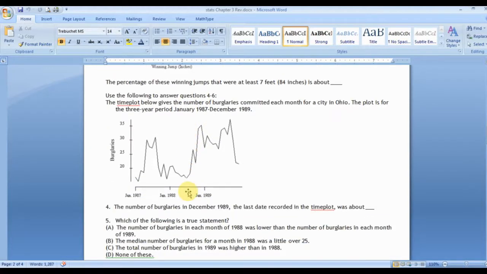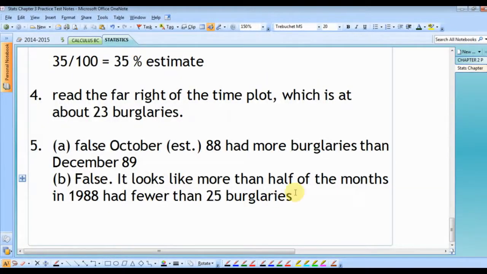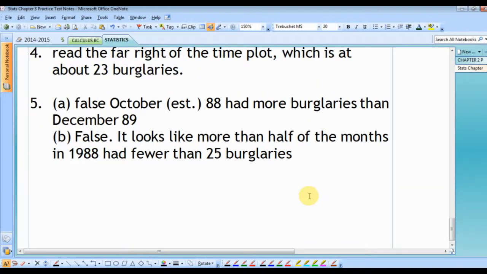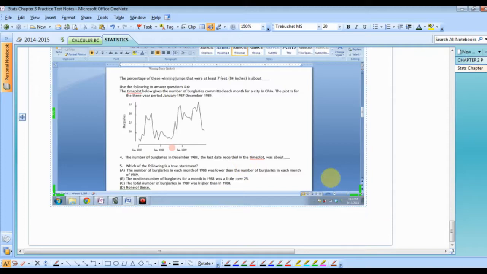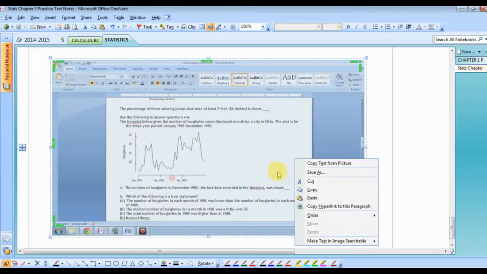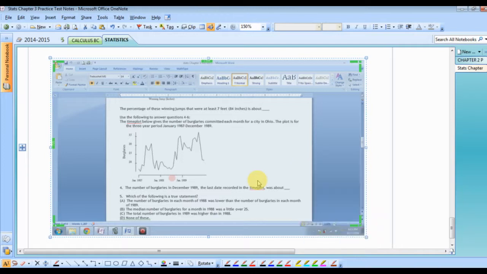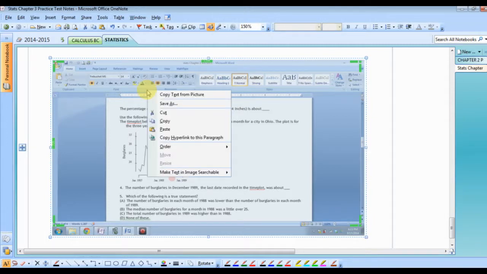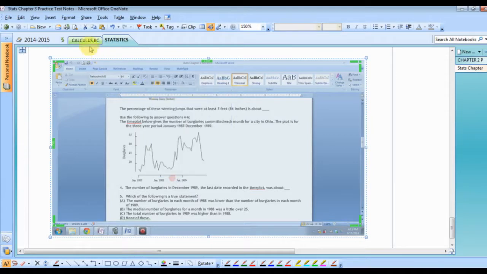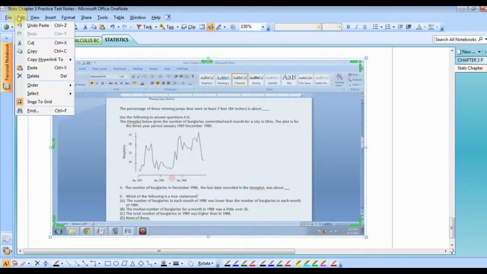Let's take a screenshot of this. Maybe I can show you what I'm talking about. Let's crop. Where's crop? Edit, yeah, you can do that.